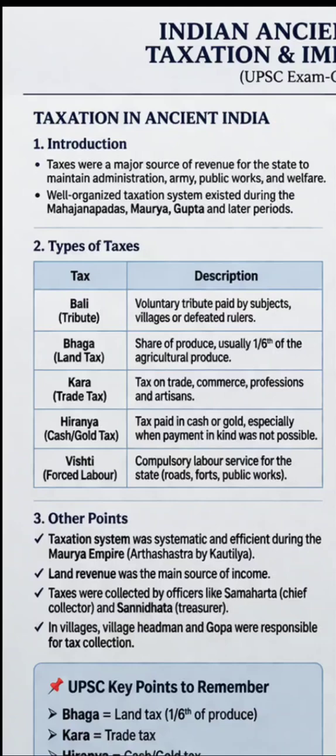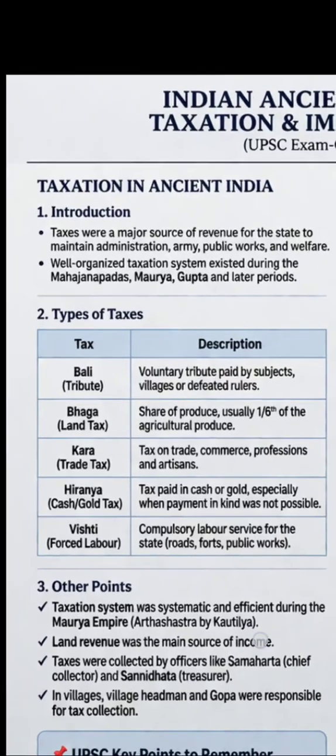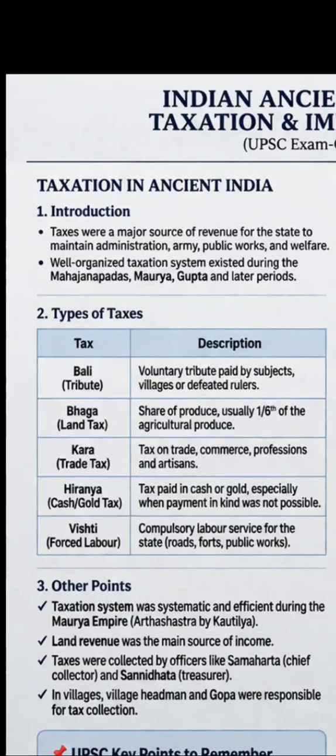And the fourth one is Hiranya. Hiranya tax is nothing but a cash or gold tax, like an income tax. It is tax paid in cash or gold, especially when payment in kind was not possible. And the last one is the Vishti tax.